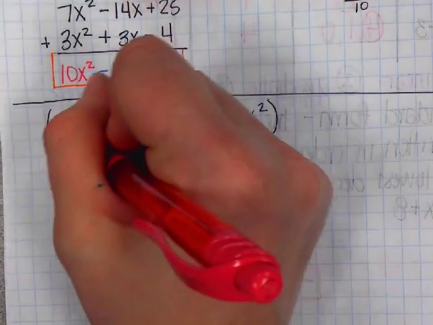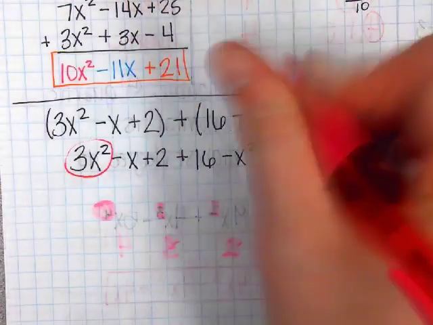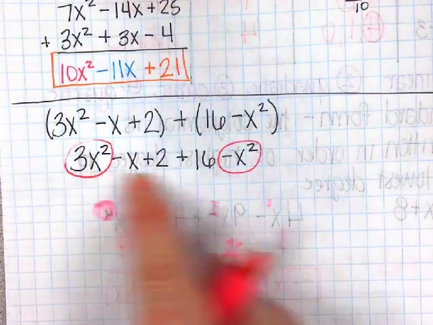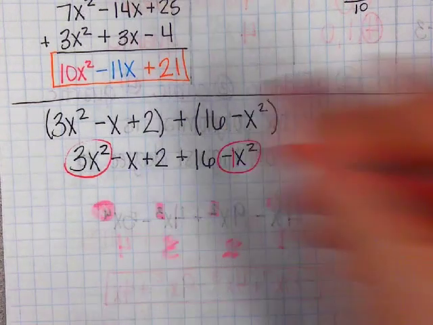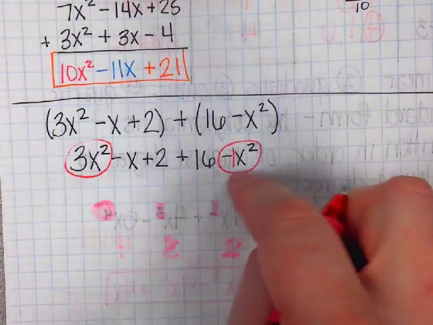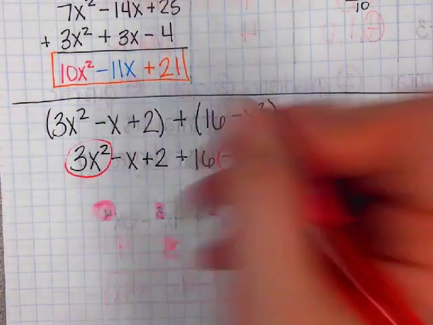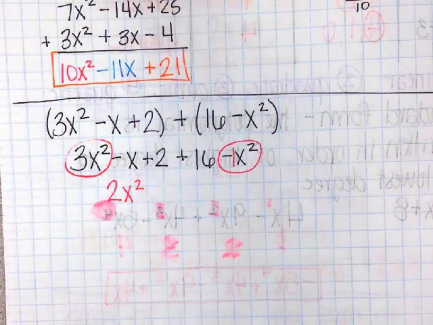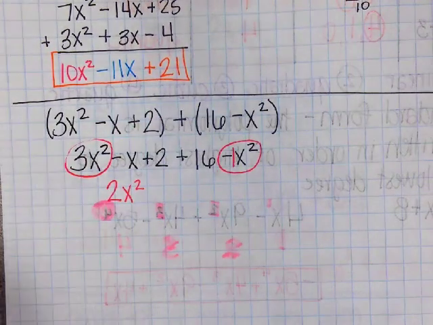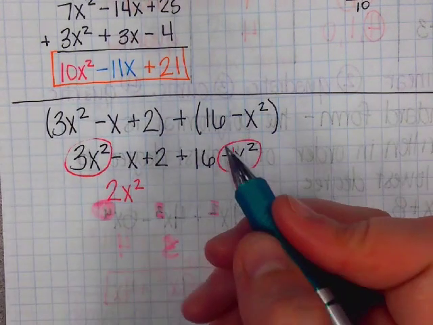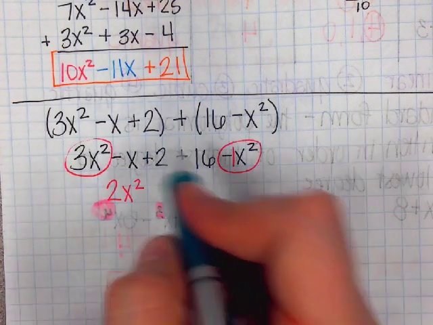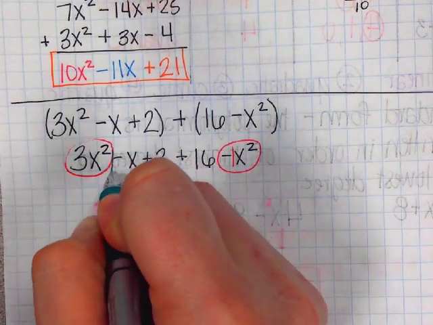Again, I'm going to look for all of the x squareds first because that's the highest degree, and that's what I need written first. So it'd be 3x squared minus 1x squared. So 3 minus 1 is 2x squared. Then we have x's.